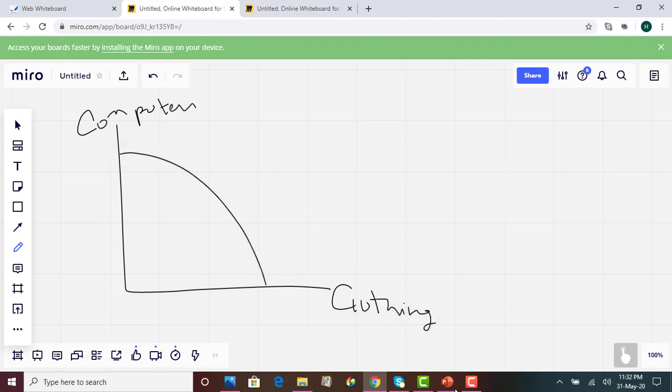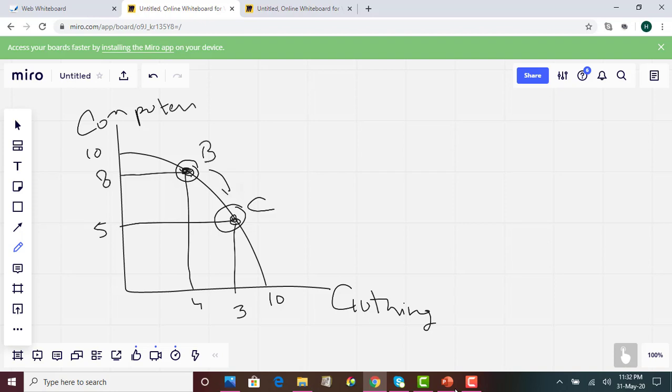Here we have 10, here we have 10, and let's say at this point we have 8 and 4, and at this point we have 5 and 3. Now let's say the economy is operating at point B. Now they want to move to point C.